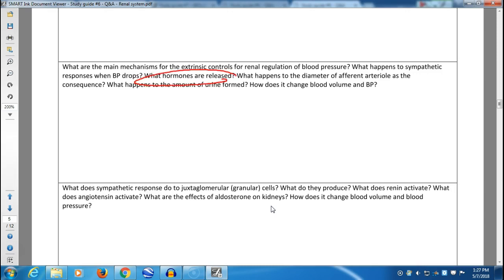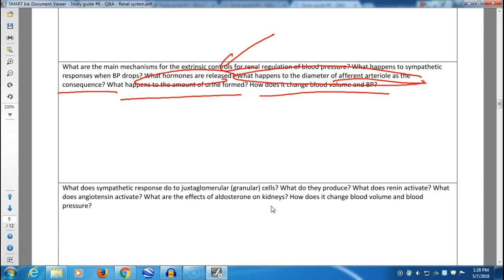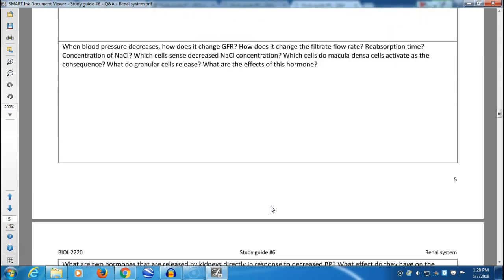So we got this: renin, angiotensin, aldosterone, epinephrine, norepinephrine will also constrict the afferent arteriole, amount of urine goes down, blood volume and blood pressure increase. Renin, angiotensin, aldosterone. GFR.